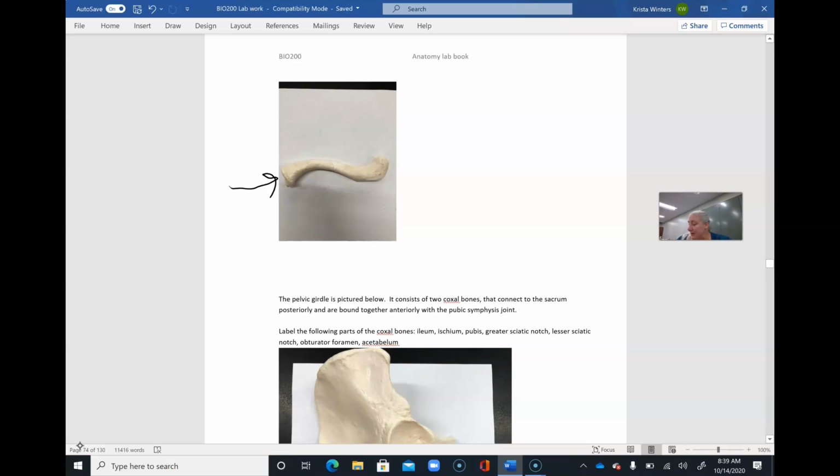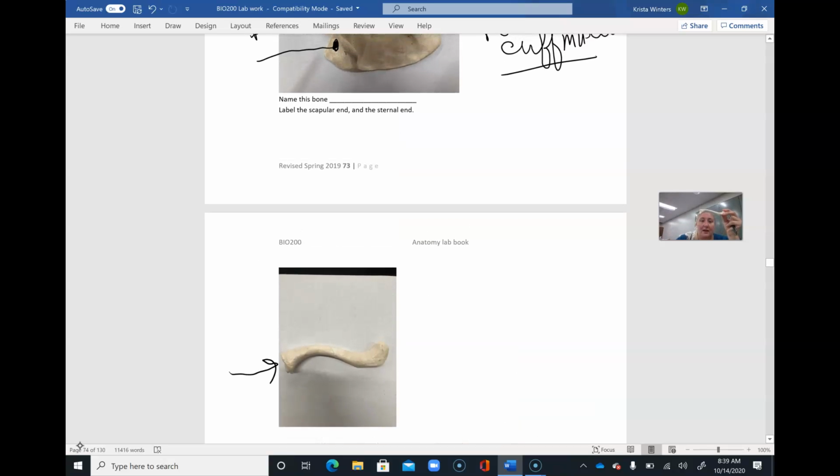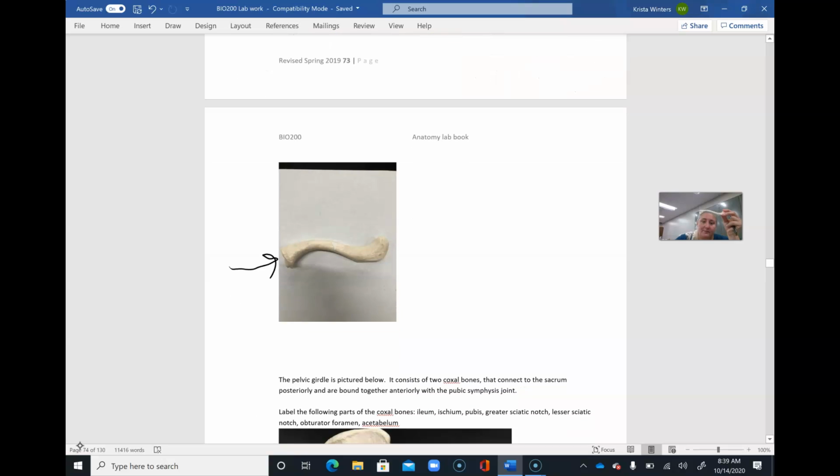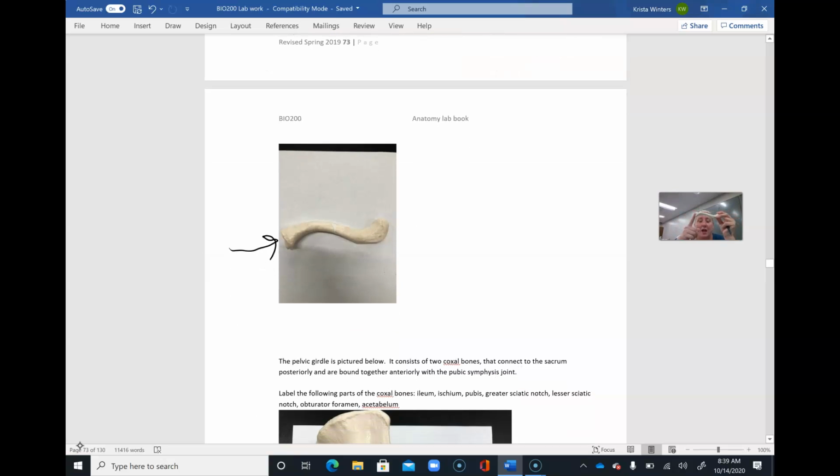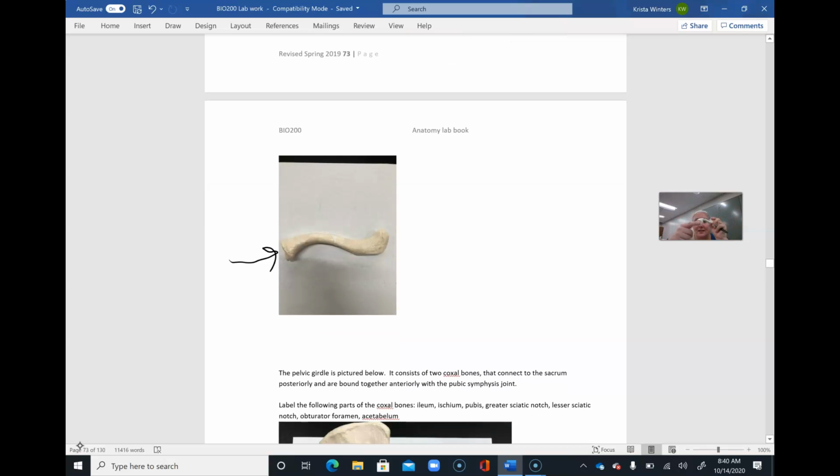So this bone, and let me find it, here it is, the clavicle. Okay, so that's all I really care about on the clavicle. You have a scapular end, and then you have the sternal end. The sternal end is the flat end of the clavicle. The scapular end is the smooth end of the clavicle. So sternal would be on this side. This is the clavicular, or the scapular end, okay?